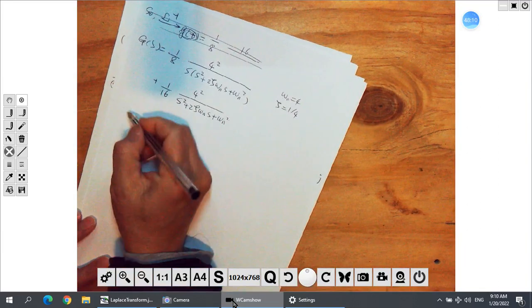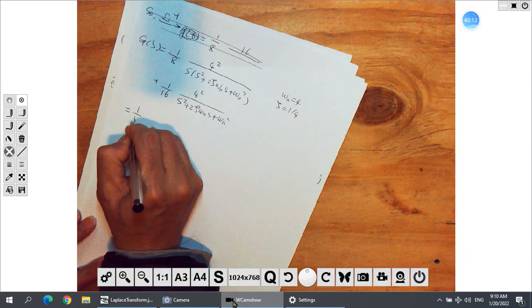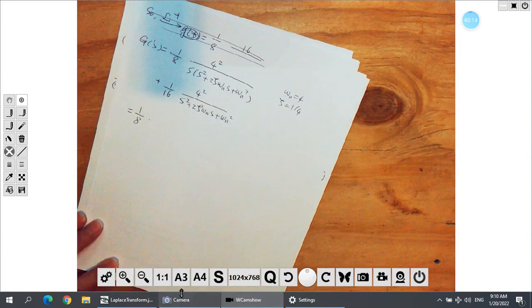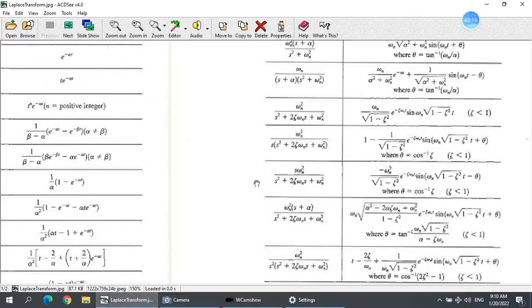Then just copy the table. 1/8 times, okay, let me copy the table. This one is a little bit longer, but just be patient. This is 1/8, the first one with a denominator with s terms.